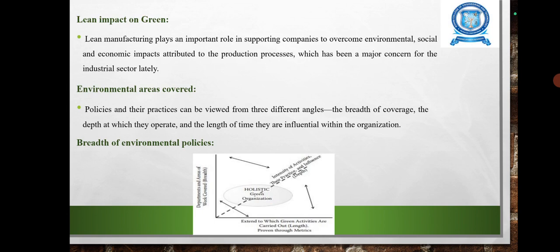The next one is environmental areas covered. Here the policies and their practices can be viewed from 3 different angles. That means the breadth of coverage, the depth at which they operate, and the length of time they are influential within the organization.